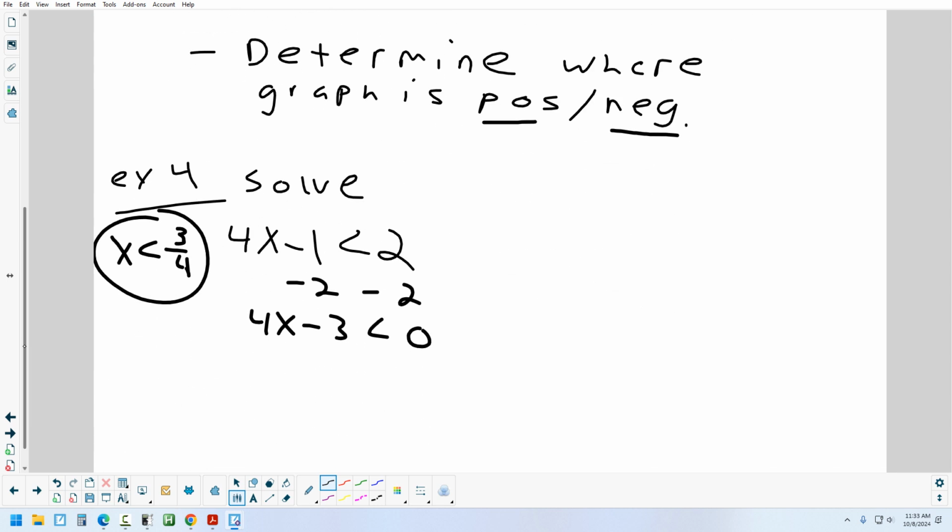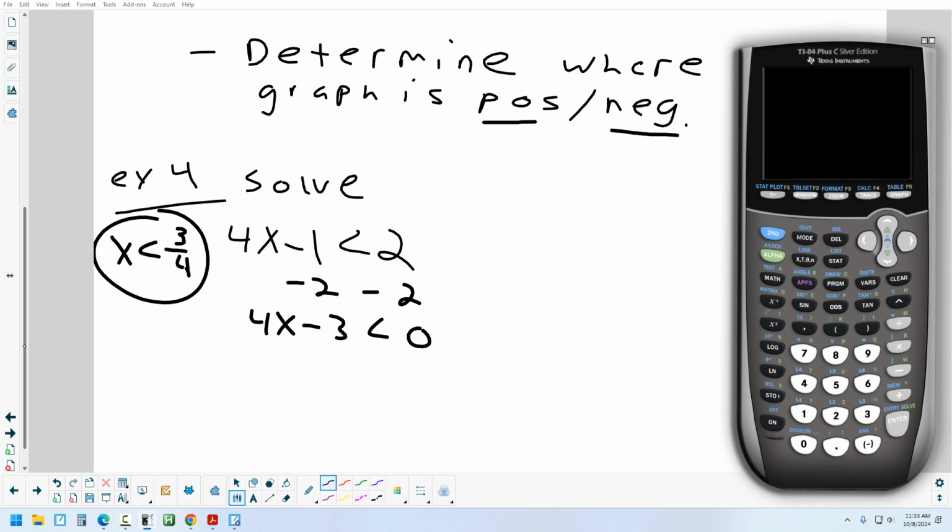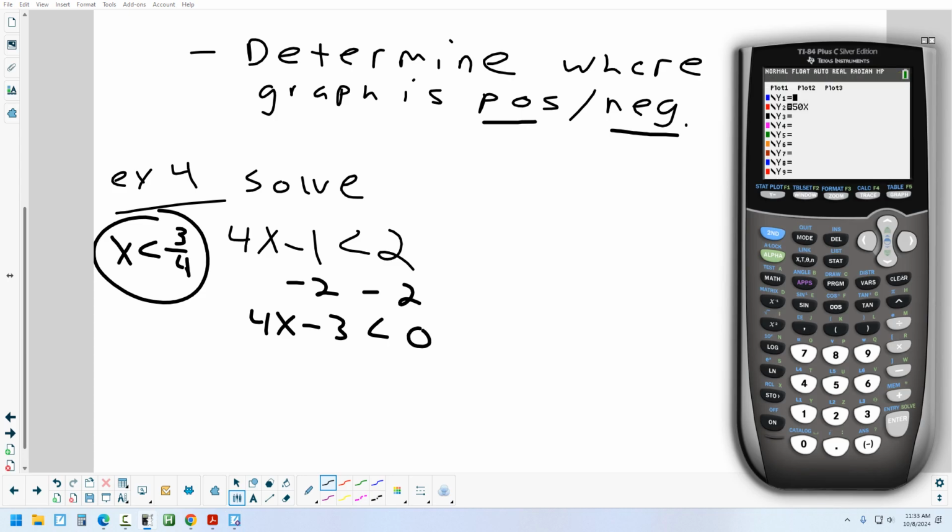Now, put that in on the calculator. 4x minus 3. Do zoom 6. There's your graph. And now we're going to calculate, what did I say? Calculate the root. Second calc, option 2.